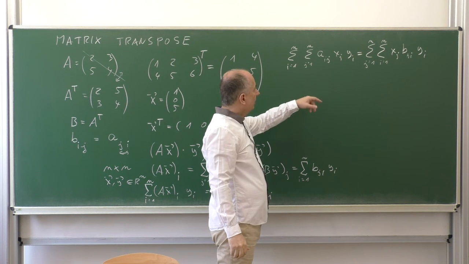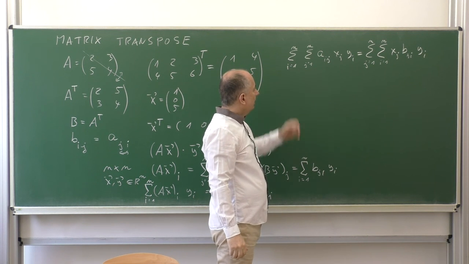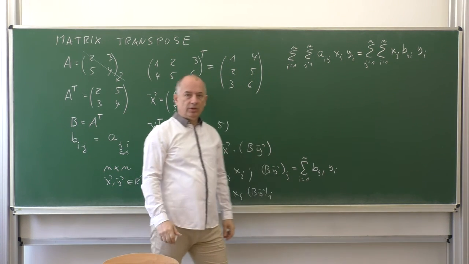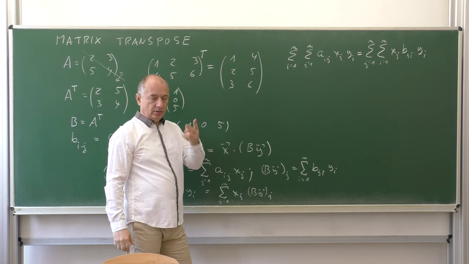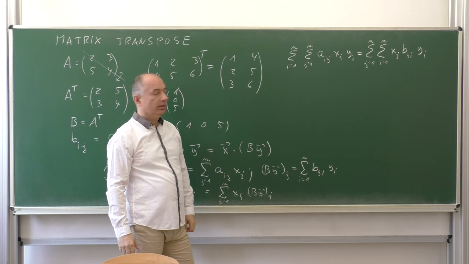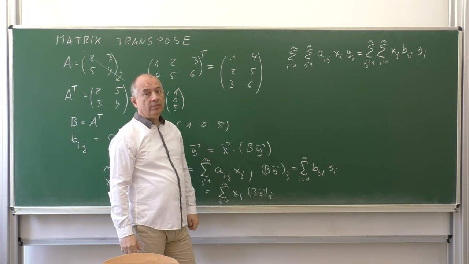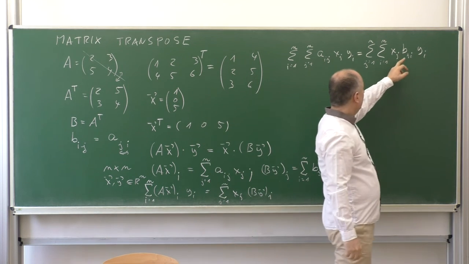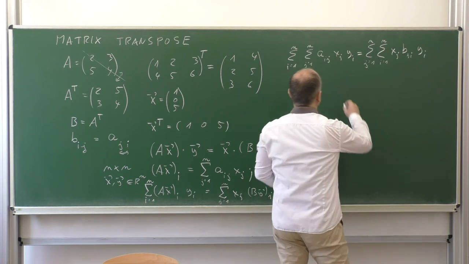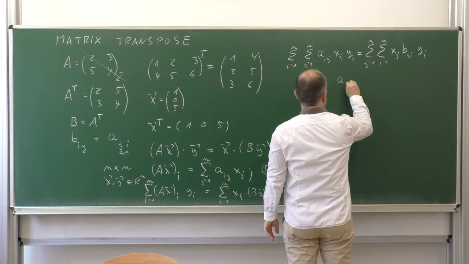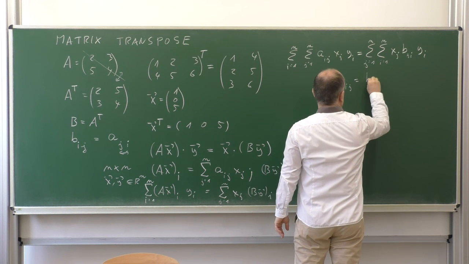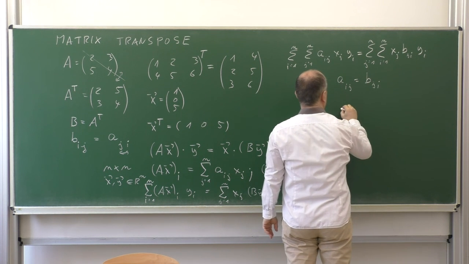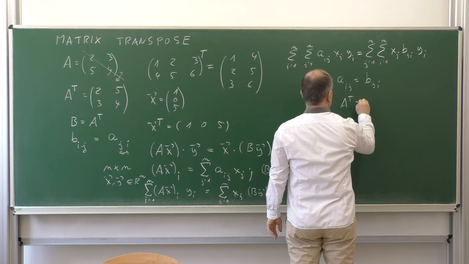Well, and you see, we can change the order of summation because addition of real numbers is commutative. And if you compare what is on the left and what is on the right, we see that a_ij must be b_ji. That means A transpose is B.